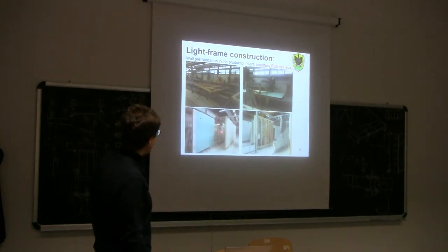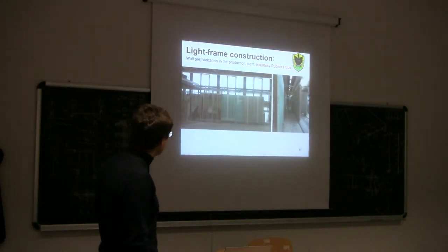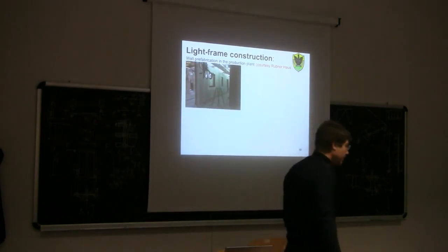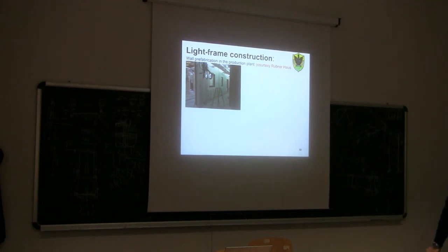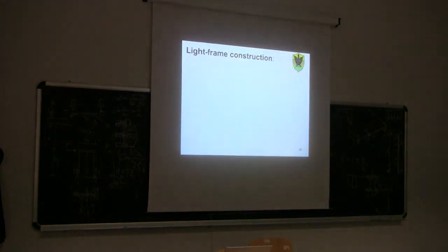Then it is cladded. Here you can see the different phases of the cladding during construction. In the end, even the windows and doors are placed. So the whole wall with all the plants is shipped with a lorry and sent to the building site.